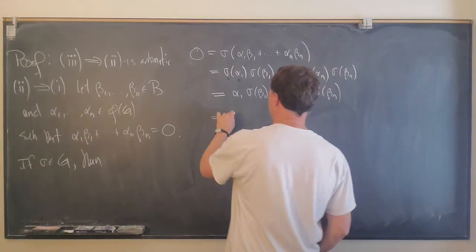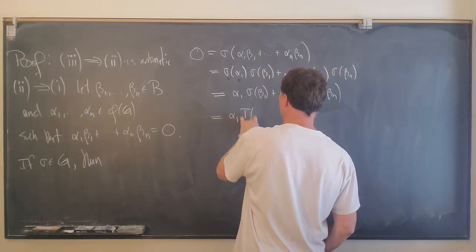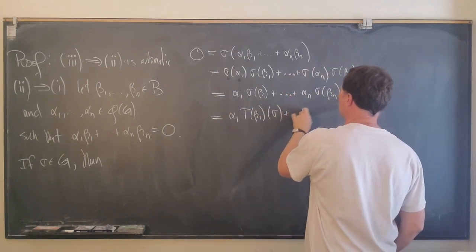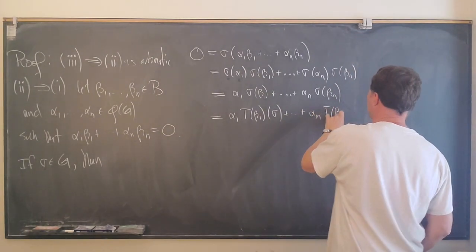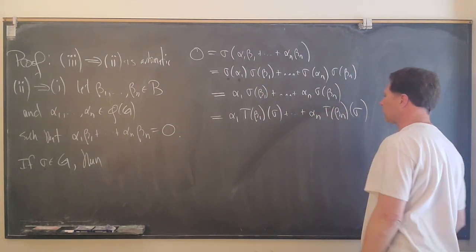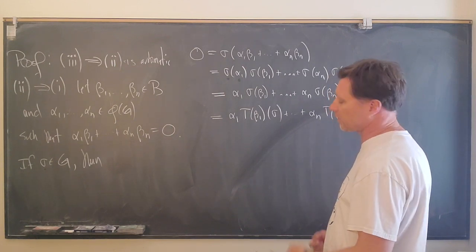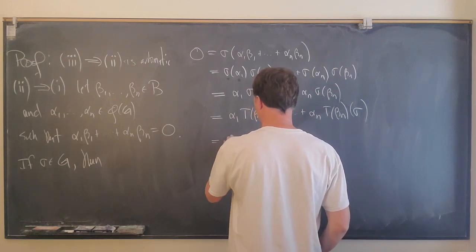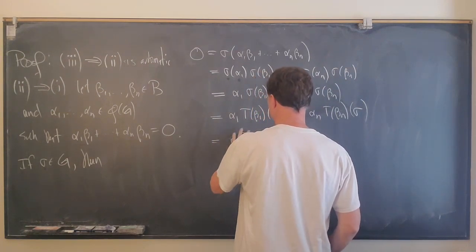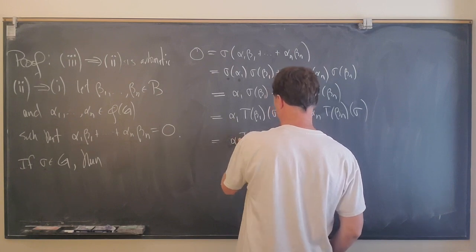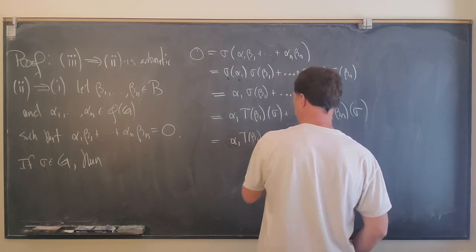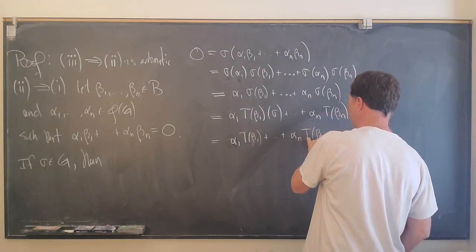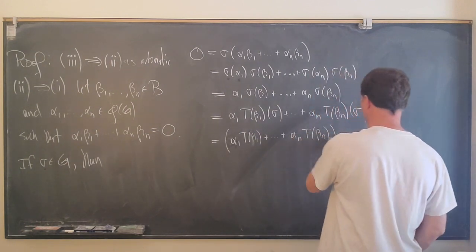This is equal to alpha 1 T beta 1 of sigma plus dot dot dot plus alpha n T beta n of sigma. And then using the fact that these are linear maps, this is equal to alpha 1 T beta 1 plus dot dot dot alpha n T beta n, all of that applied to sigma.